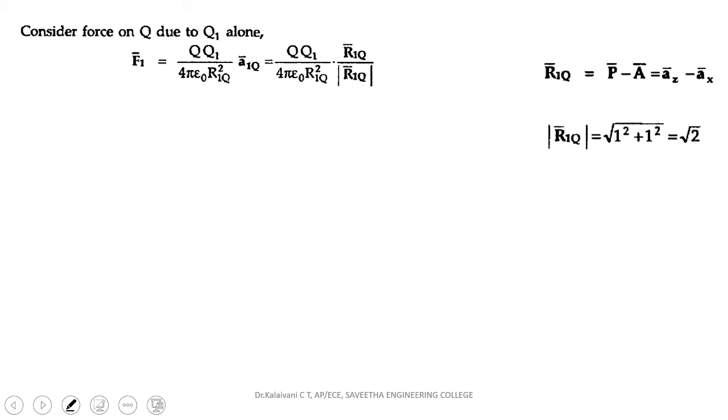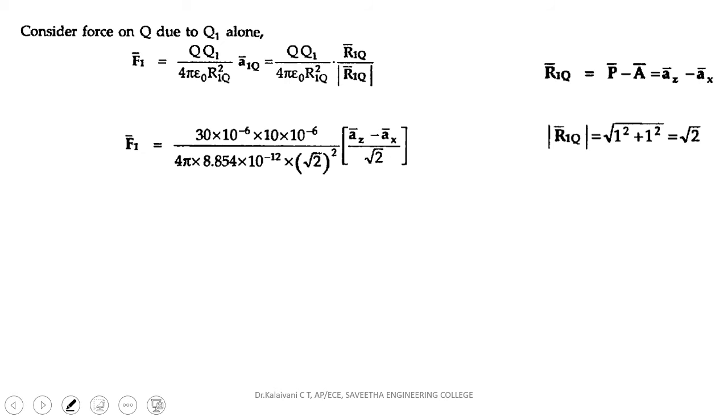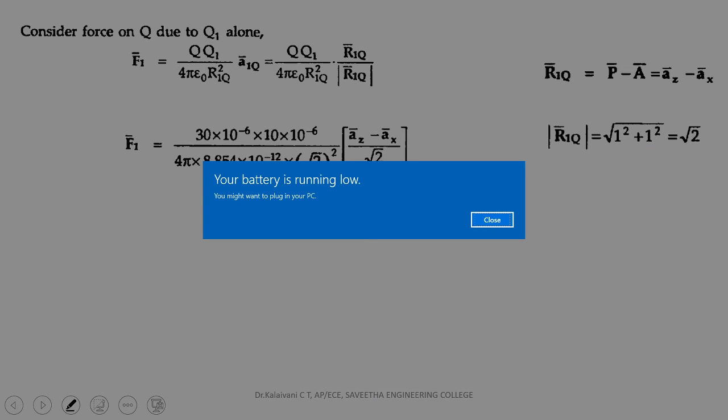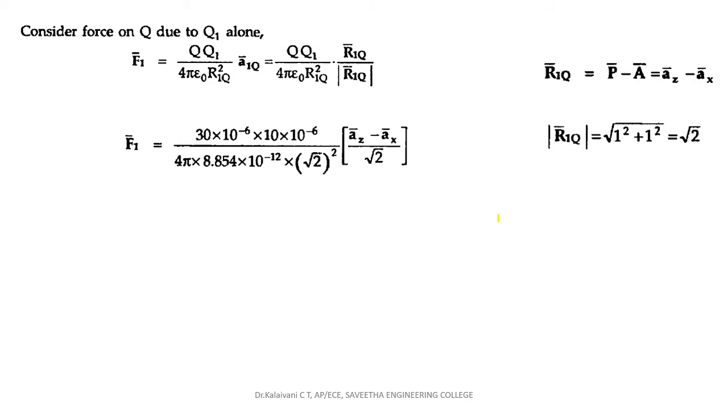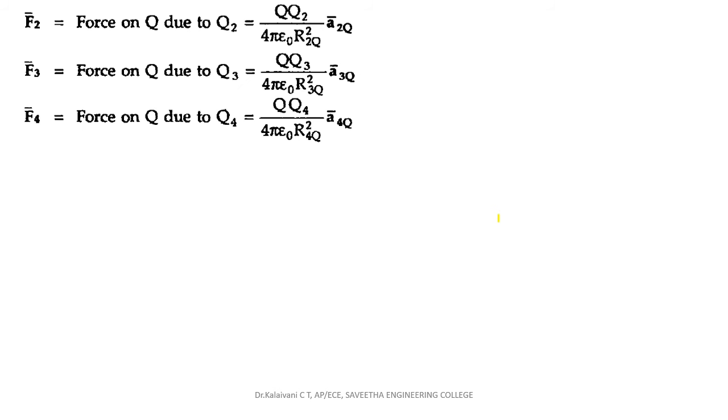The modulus is the root of 1 squared plus 1 squared, which is root 2. The unit vector is this divided by this. Substituting all the values: Q is 30 micro, Q1 is 10 micro, 4 pi epsilon naught is 4 pi times 8.854 into 10 power minus 12, and R1Q squared is root 2 squared. Simplifying, it is 0.9533 times (az vector minus ax vector).